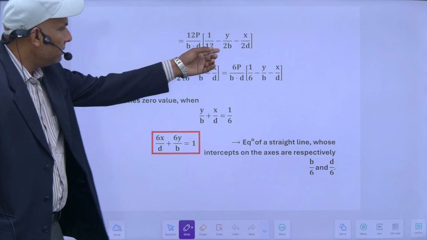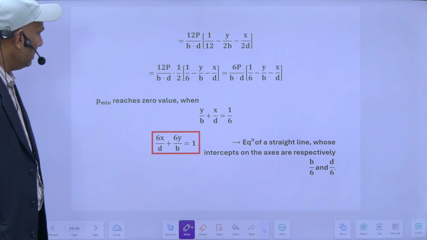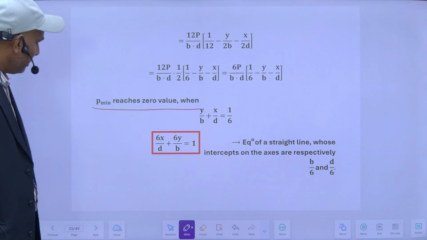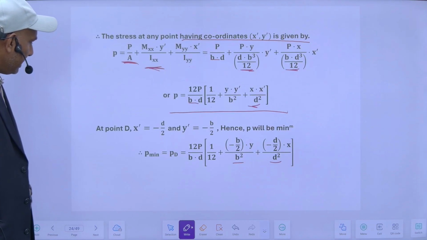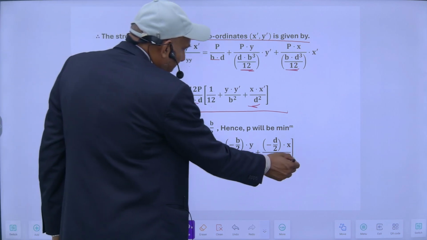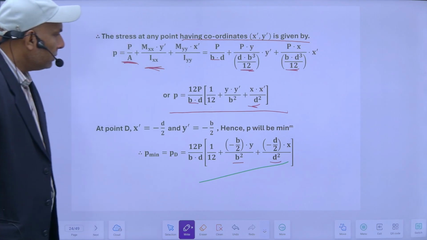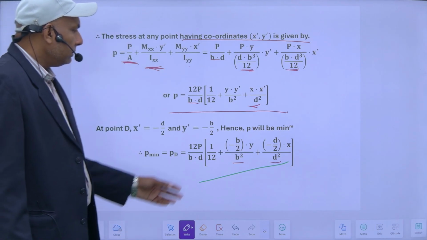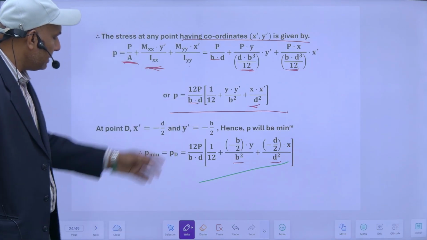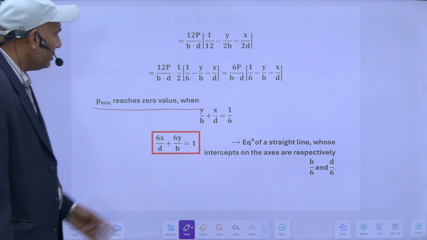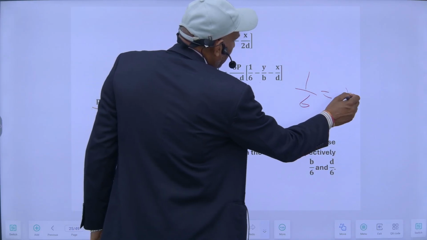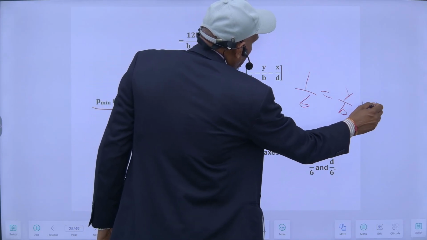If P minimum reaches a zero value, so that no tension develops here, the maximum it can be is 0. When the effect of bending becomes so large that it equals the direct stress, then the maximum it can be is 0. When this becomes 0, then it will become 1 upon 6 is equal to y upon b plus x upon d.